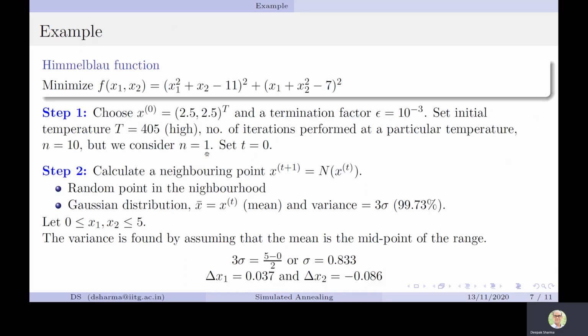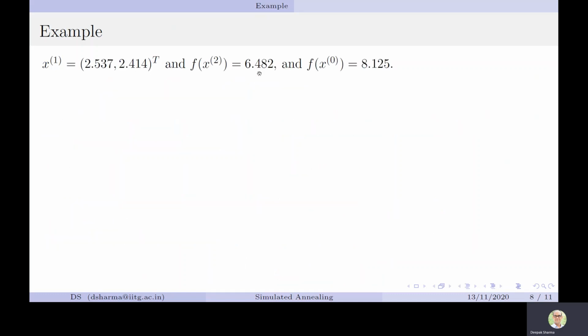So as you can see, 2.5 plus delta x1 gives 2.537. Another point, x2, is 2.5 plus delta x2, which is minus 0.086. So we get this new point as x1 here. We calculate the function value at x1 as well as at x0.